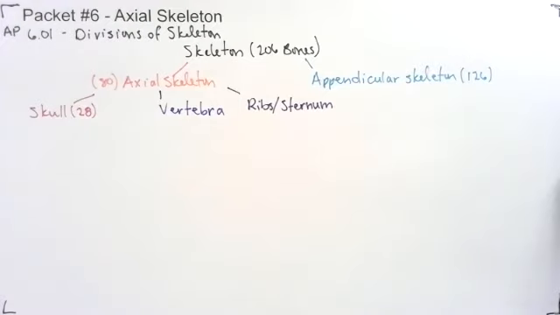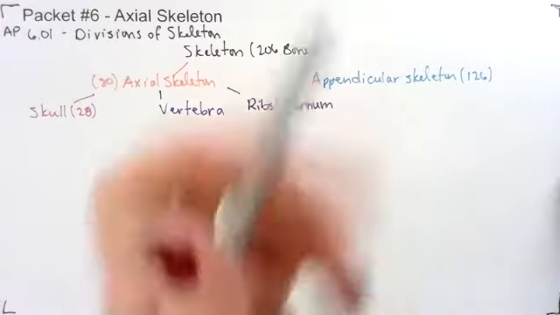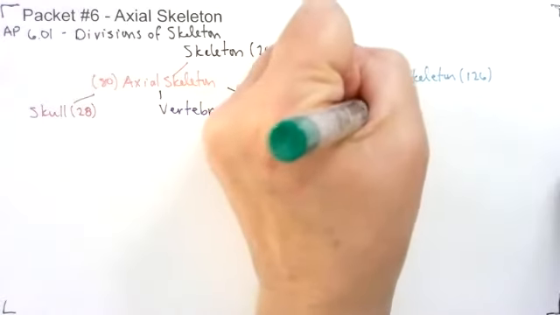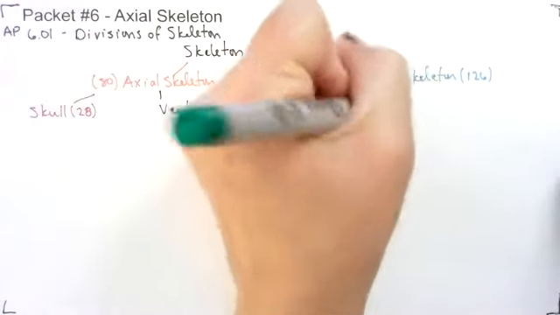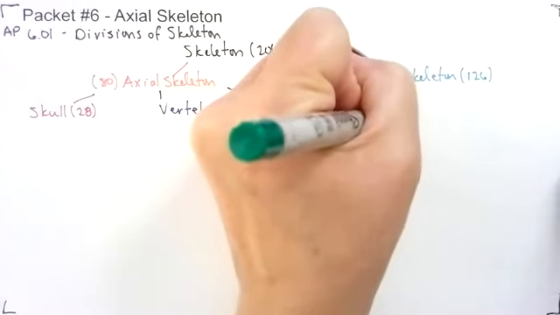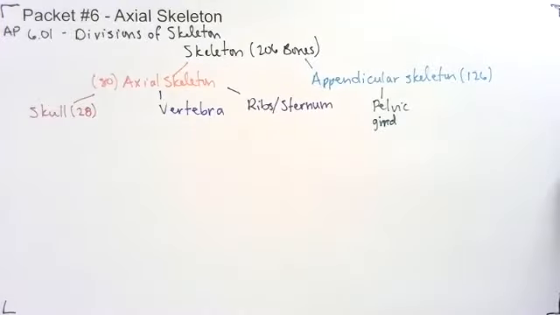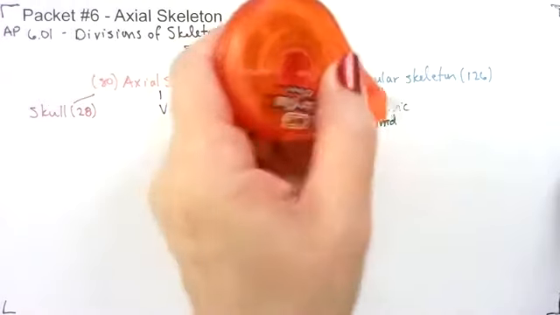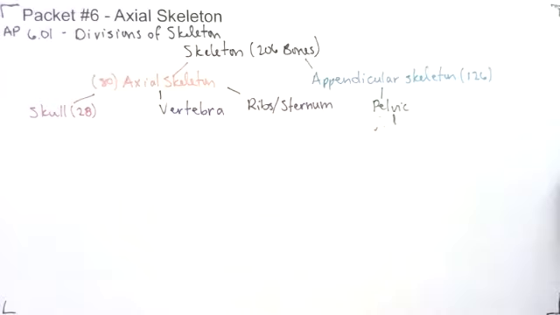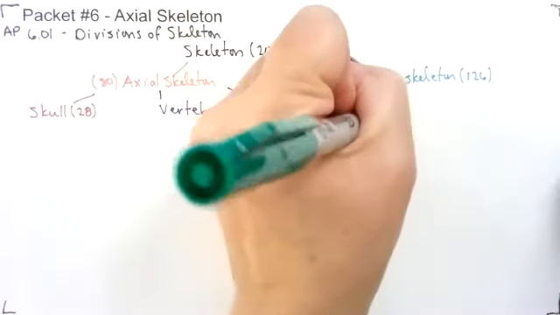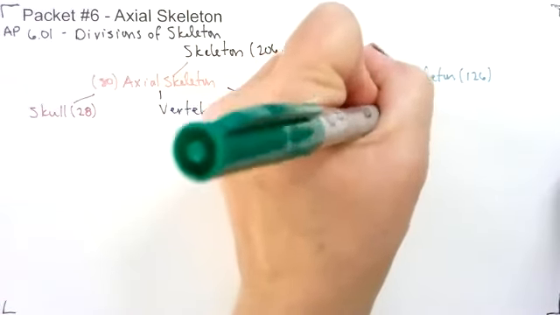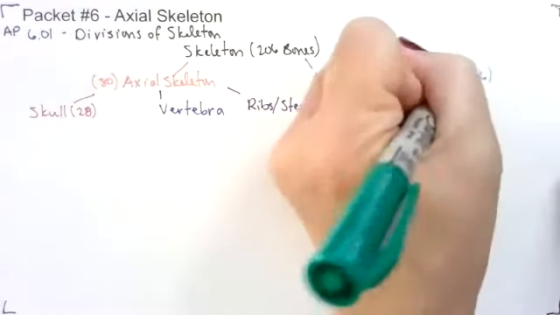The appendicular skeleton gets subdivided then into the pelvic girdle, G-I-R-D-L-E, and the pectoral girdle.